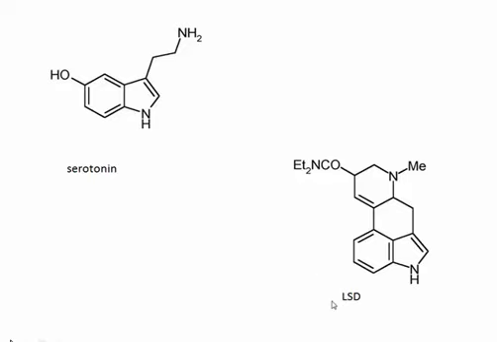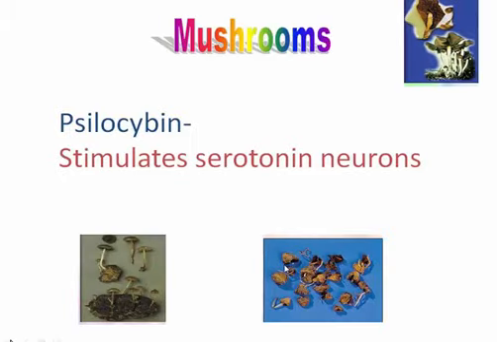And as you can see, this has some similar properties to it, so it would be able to also fill that space and lock the key. But it wouldn't be able to open the door the same way as serotonin, but it could fit into the lock of serotonin. Okay, mushrooms are another hallucinogen.